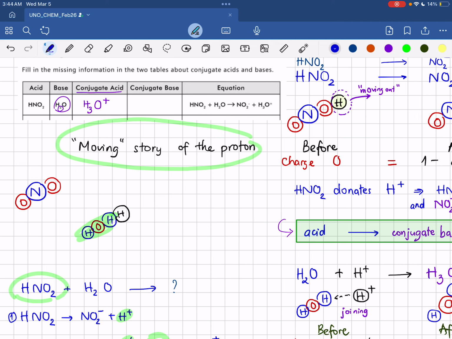And for the conjugate base, it should start from the acid. The acid donates, giving away 1 hydrogen, 1 proton, a hydrogen nucleus. So no more hydrogens here, just NO2. And because 1 positive charge is lost, we just have a negative here. So see, that's what it means.